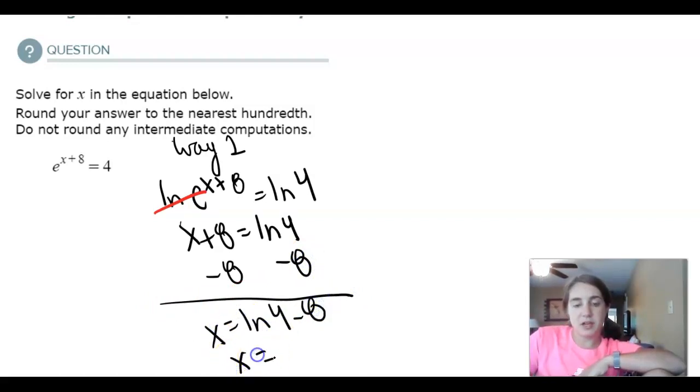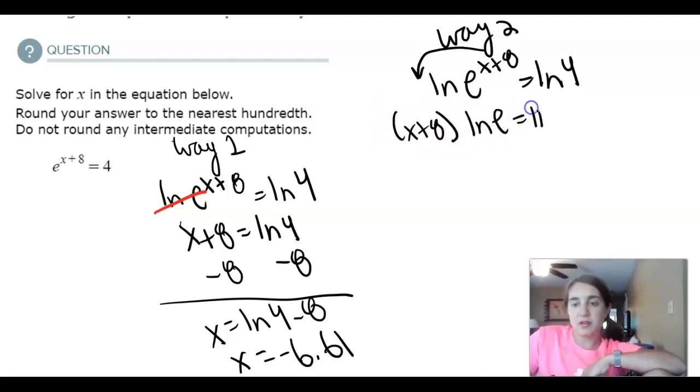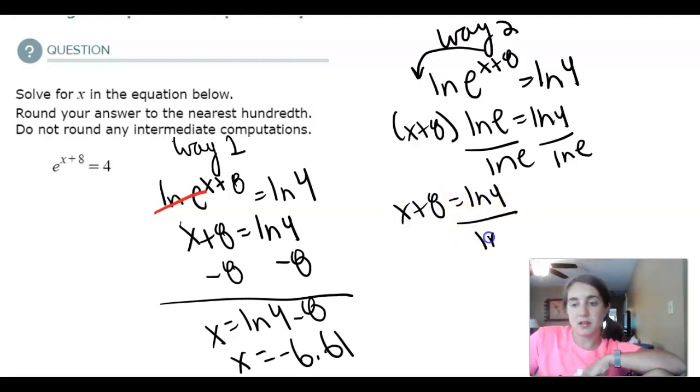If I were to round that to the nearest hundredth, I get that. Or if you don't want to cancel it out, you can think of it this way: divide everything by ln of e, and you can subtract your 8.